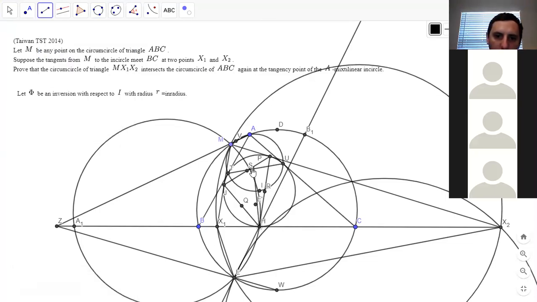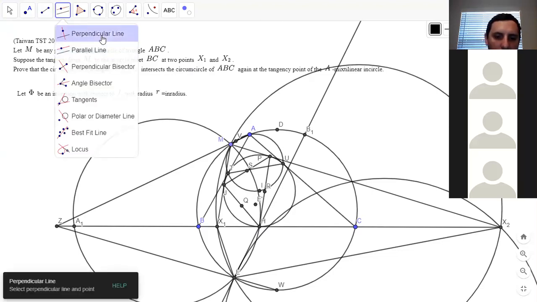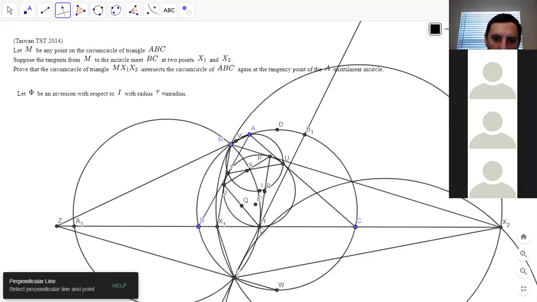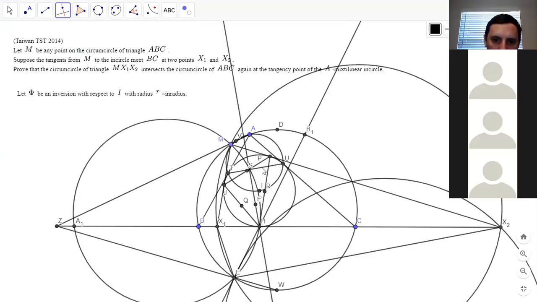Okay, so we know that E prime lies on the altitude. Yeah, I have to use the perpendicular tool. Interesting.